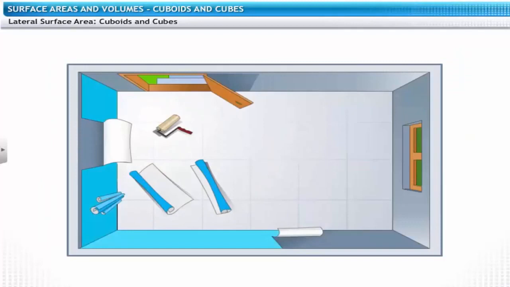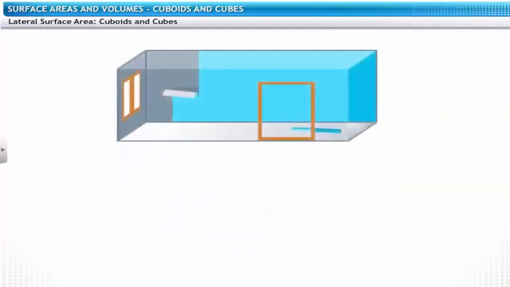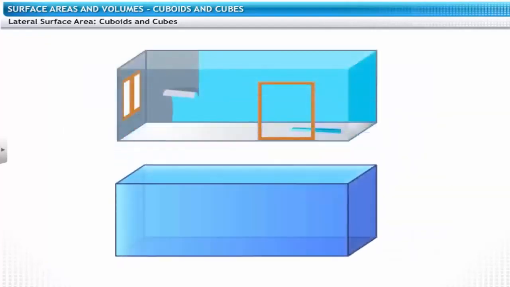Let's look at a practical problem. You want to put up wallpaper in your room. To estimate the number of wallpaper rolls required, you'll need to know the area of the 4 walls. As you can see, the room is cuboid in shape.